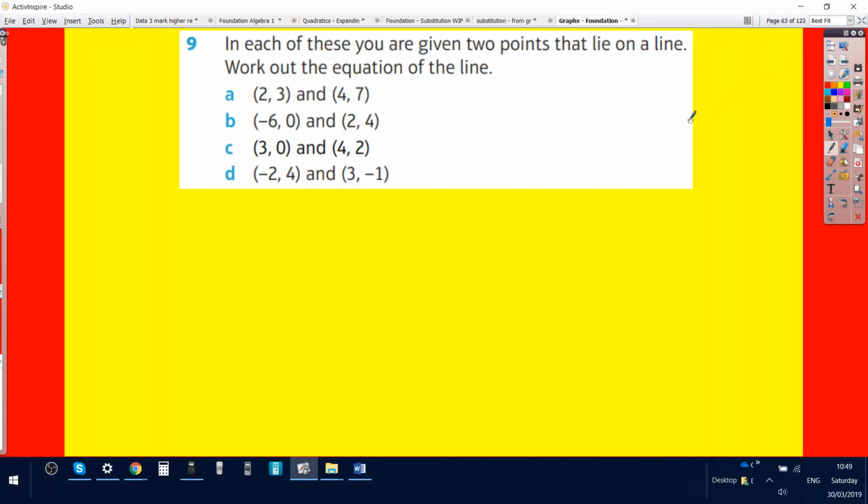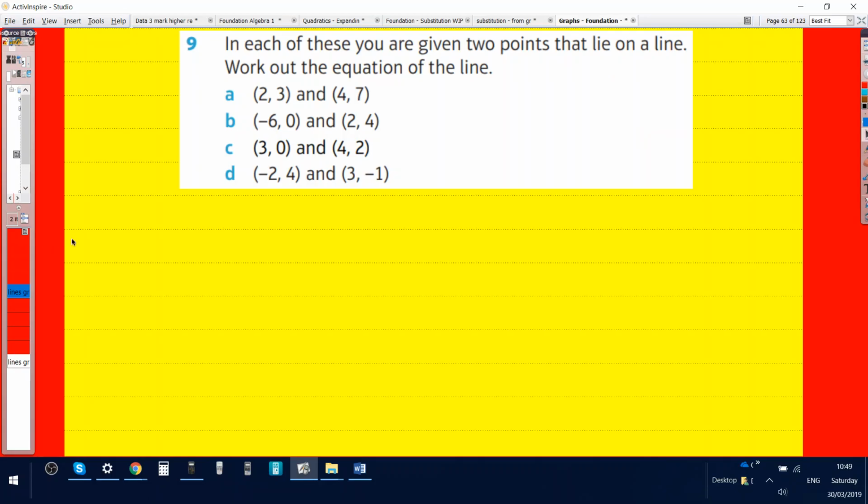Okay, work out the equation of the line. Part A. How do we do this? Okay. So I'm not sure. Would it be the change in y and the change in? So that's a good start, yeah.